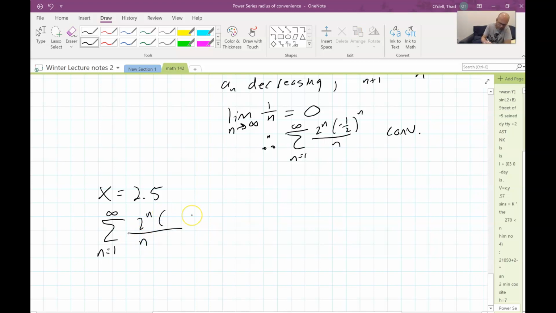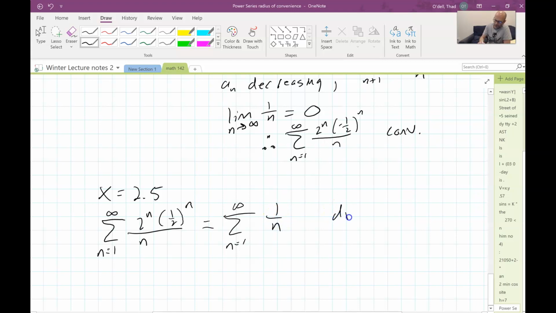And the x part, if I plug in 2.5, 2.5 minus 2 is 1/2 again, but it's positive this time, right? So n equals 1 to infinity of 2 to the n times 1/2 to the n. That's just 2 times 1/2, n times, so that's 1 to the n. So that would just be 1 over n.